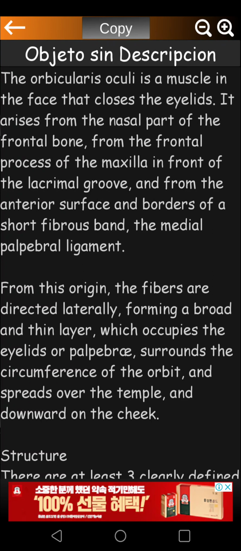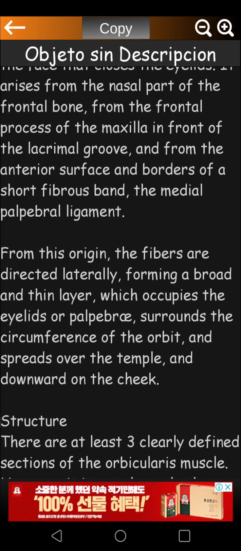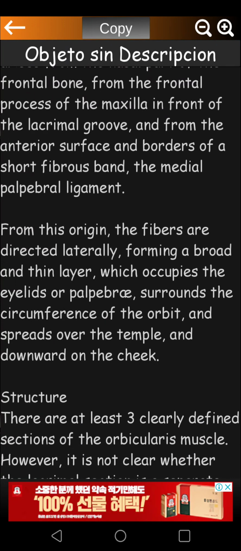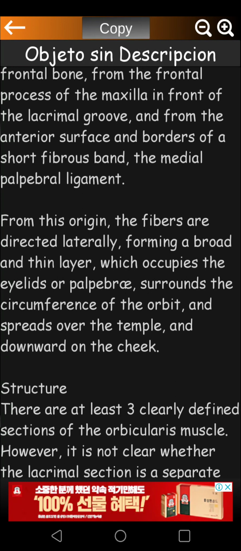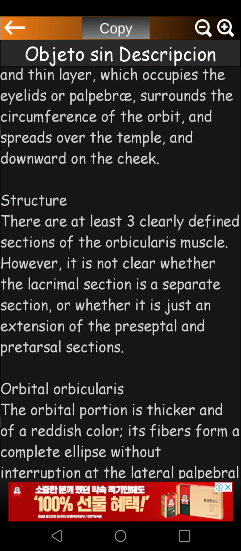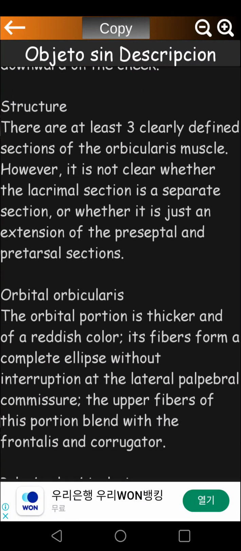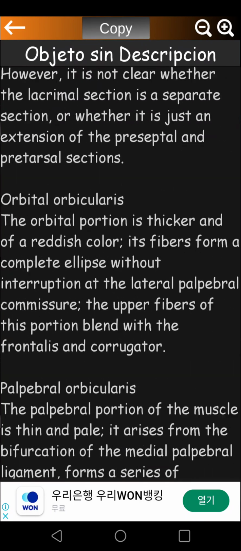Orbicularis oculi muscle description. It is a muscle in the face, the nasal part of the muscle arising from the anterior surface and borders of a short fibrous band, the medial palpebral ligament. Section of the orbicularis muscle.